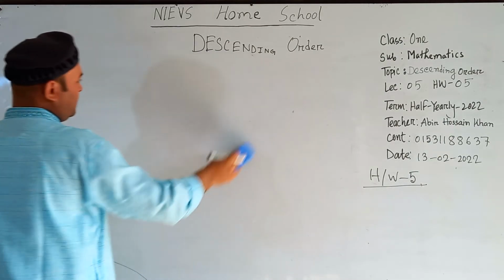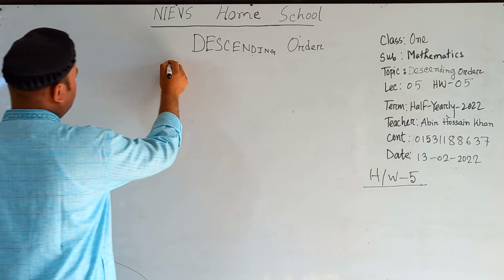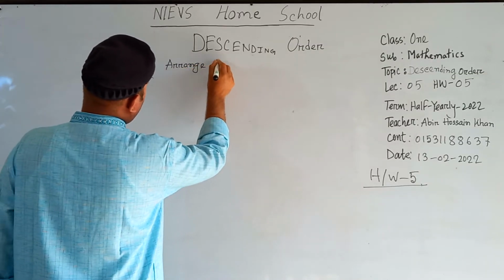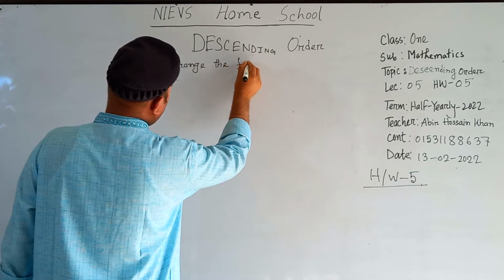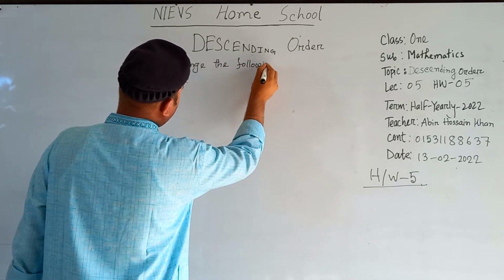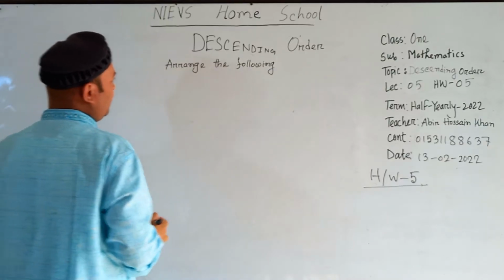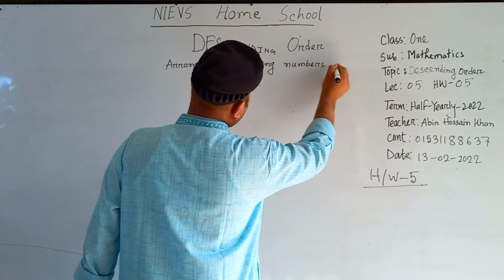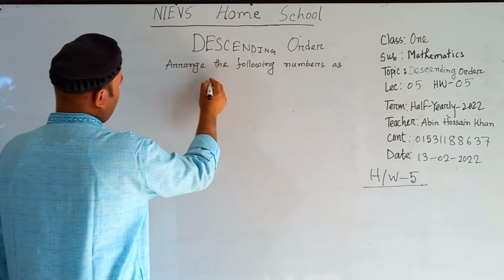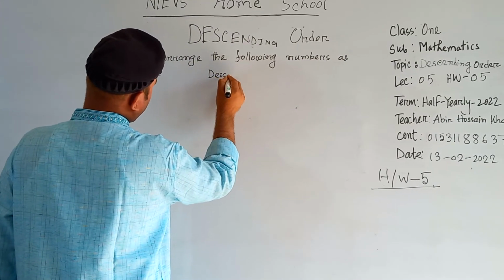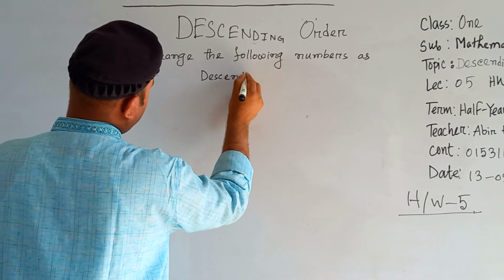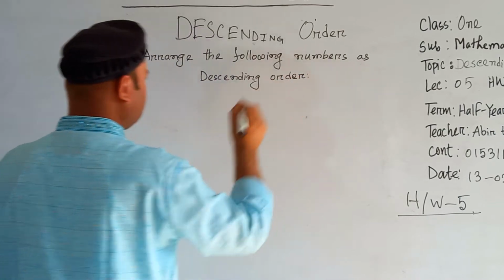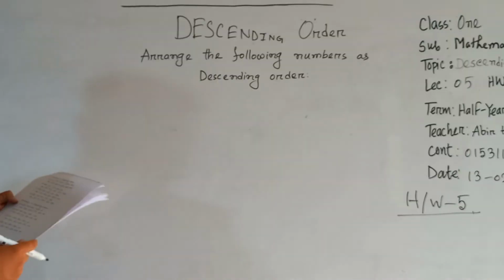Now here is the question. Arrange the following numbers in descending order.